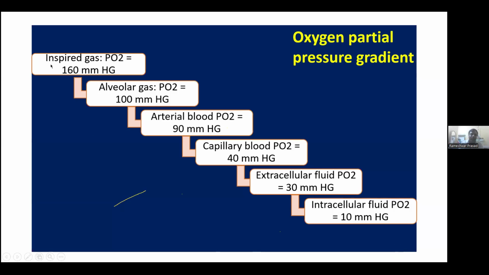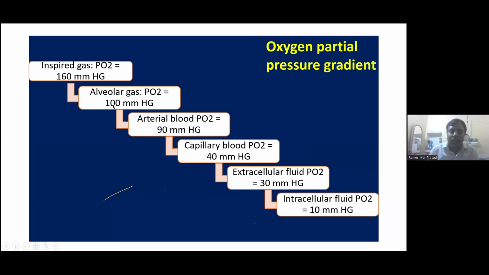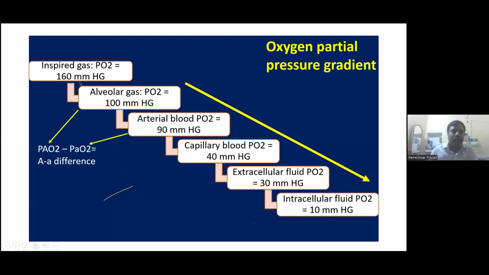So you can see there is a pressure gradient along which oxygen moves. In alveoli, it is 100 millimeter mercury. In intracellular fluid, it is only 10 millimeter mercury. You also can notice that there is a difference between alveolar partial pressure and arterial partial pressure. Why is there a difference? Later.